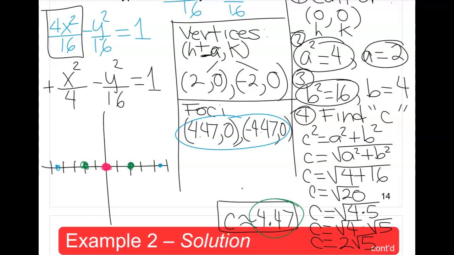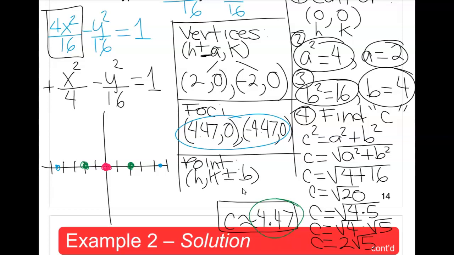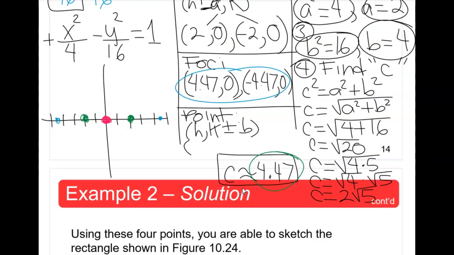Now let's find those points that are on the conjugate axis, the one that is not the transverse axis. So in this case, vertically, those extra points come from b. Where is b? Right here, 4. So in this case we use the formula h, comma, k plus or minus b. So those points are going to be 0, comma, 0 plus b, so b is 4, and the other one is going to be 0, comma, 0 minus b, so negative 4.